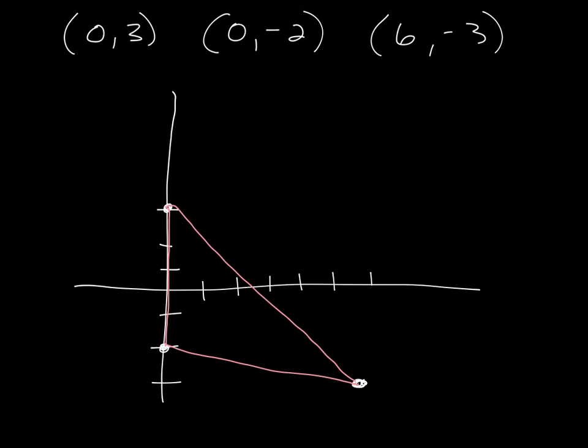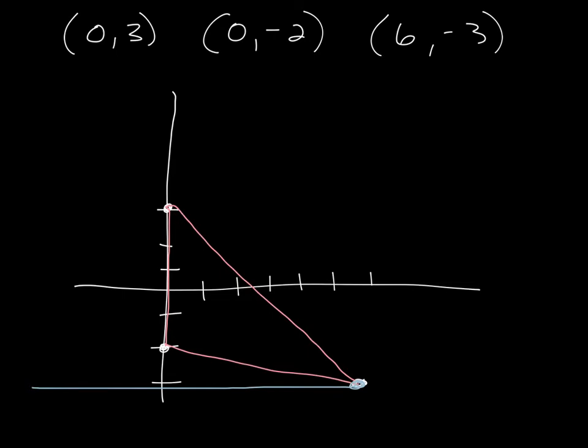I know for a fact that this is a vertical line, right? That means I know for a fact that my altitude from my vertex out here to my vertical line is going to be a horizontal line, correct?